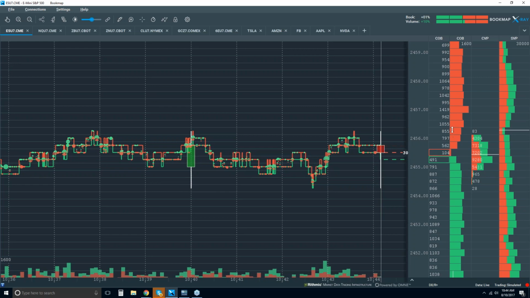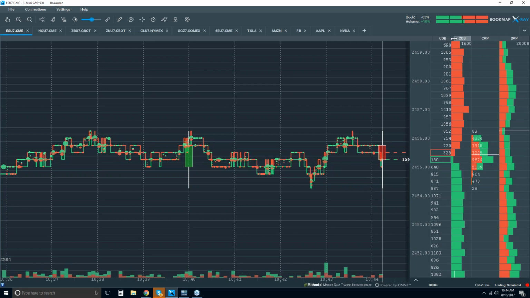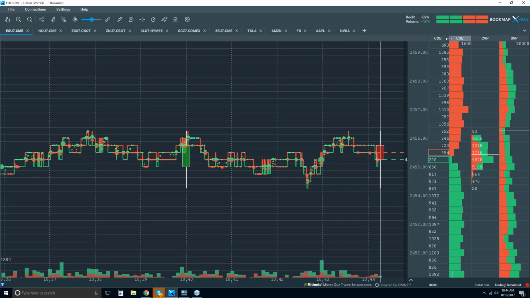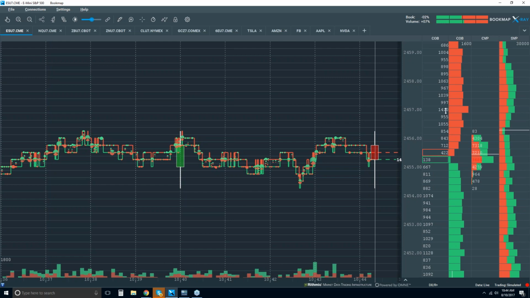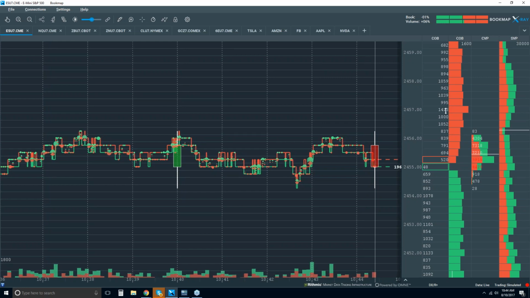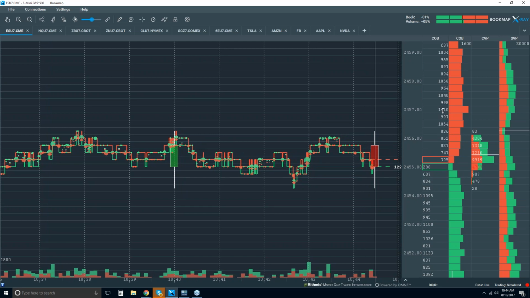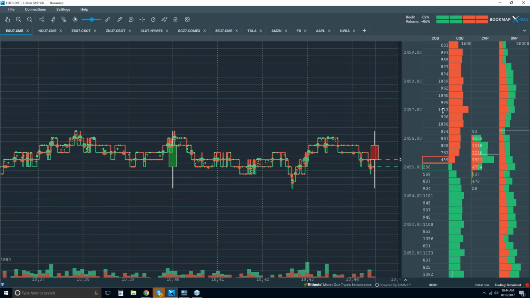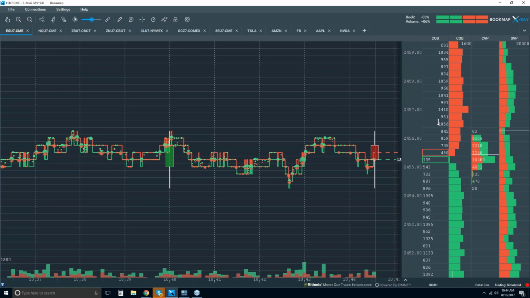The problem with a DOM, and this is your DOM in Bookmap, is that once these numbers change, and they're changing constantly, that previous information is lost. It's been updated, and we have no record of what this auction looked like previously.